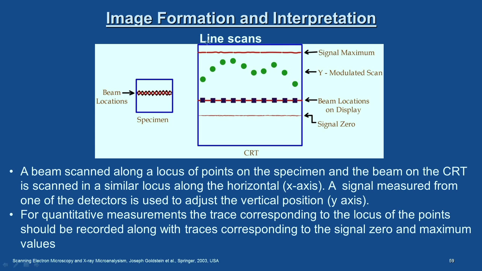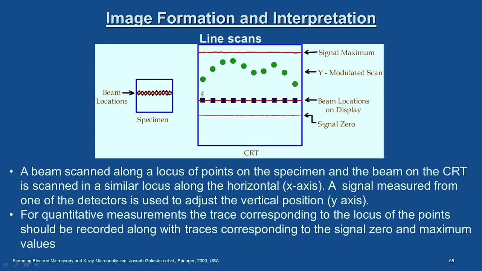For example, for a line scan, it starts from one end and scans point by point. The beam has some dwell time on each point, and then it proceeds with the scanning action.